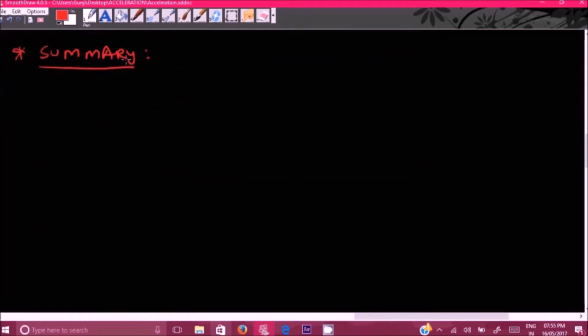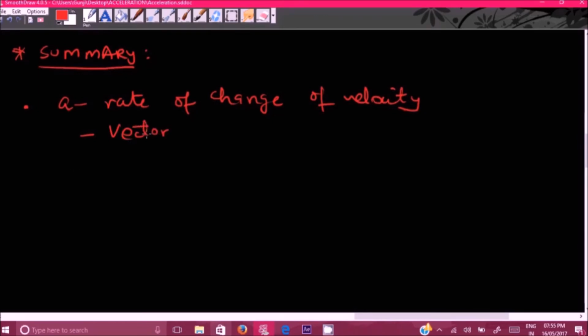Let's summarize what we have learned today. Acceleration is the rate of change of velocity. It's a vector quantity. It has a size and a direction. SI units: meter per second square. Deceleration.